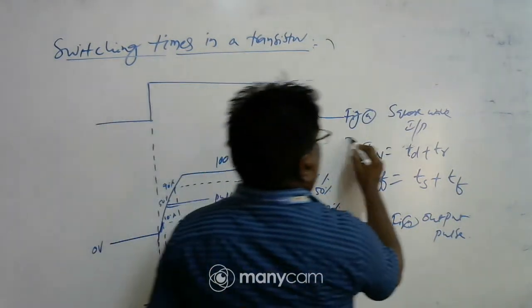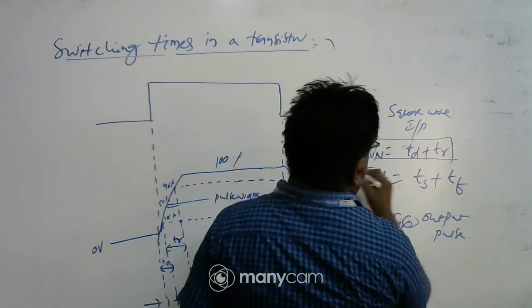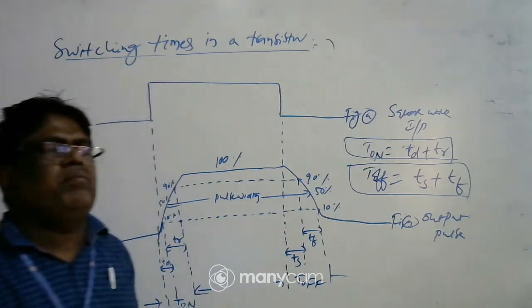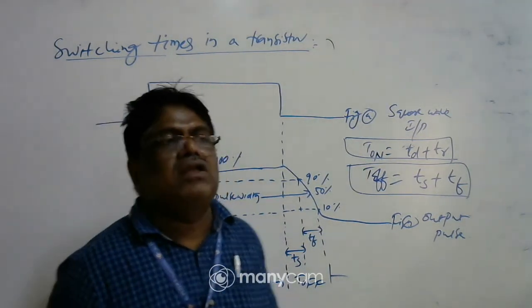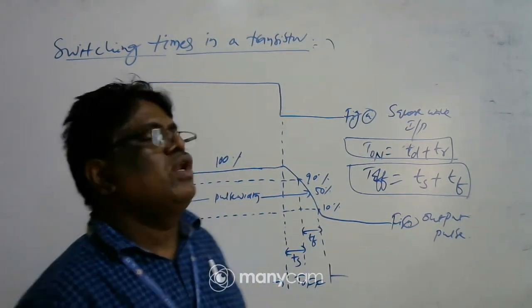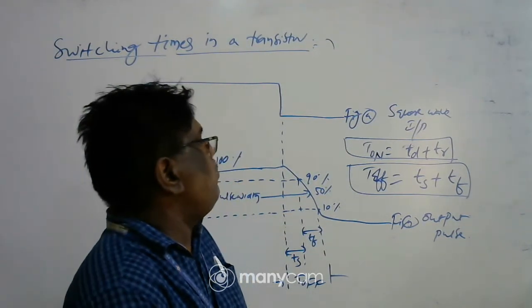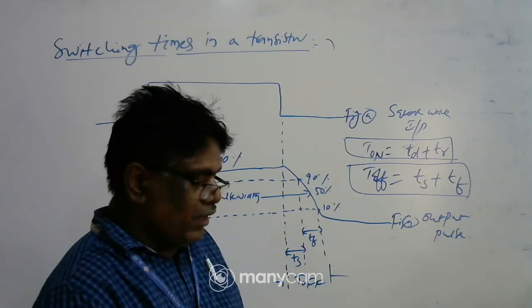So this is the T on time. This one is the T off time. Very simple. T on time is delay time plus rise time. T off time is storage time plus fall time.